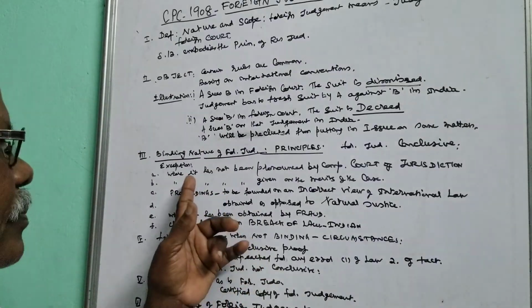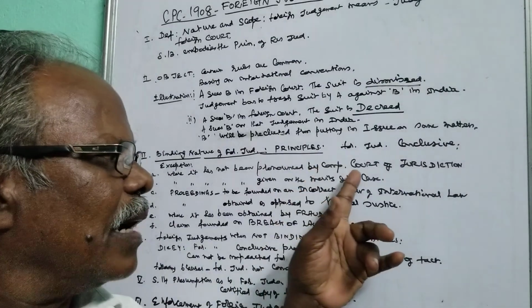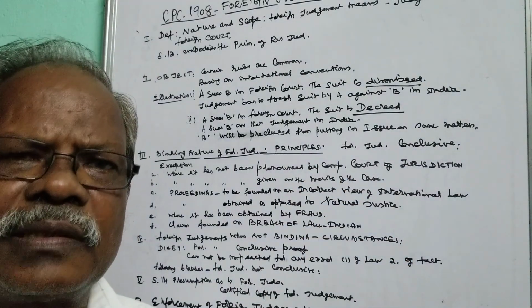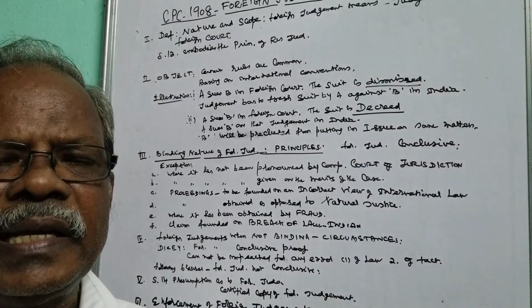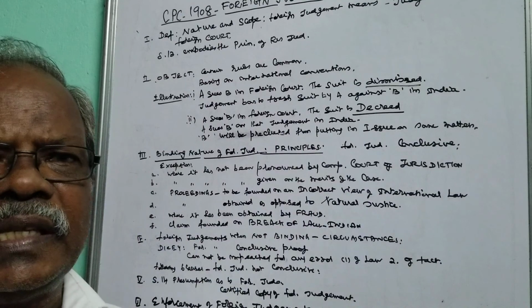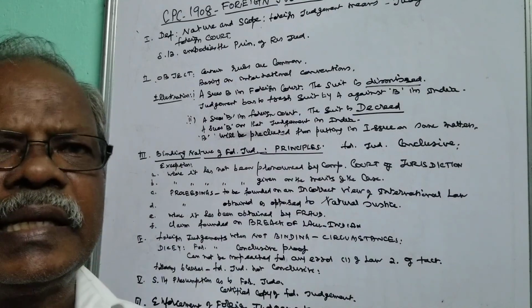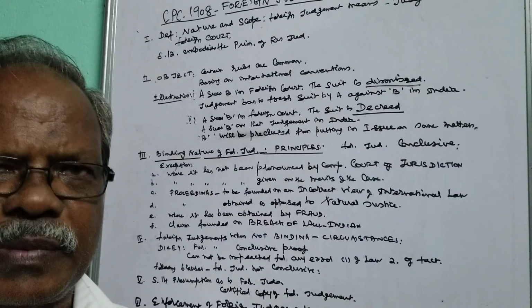First, where it has not been pronounced by a court of competent jurisdiction. If the pronouncement of the decree is not within the jurisdiction of the court, then it cannot be taken as res judicata. It cannot be taken as the judgment.